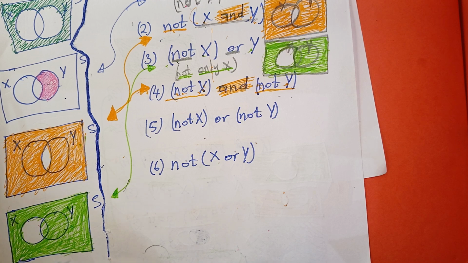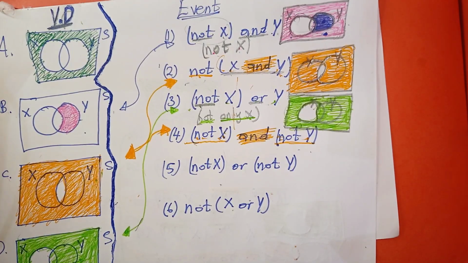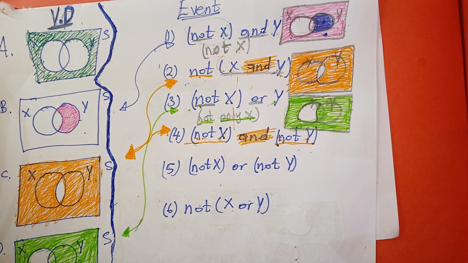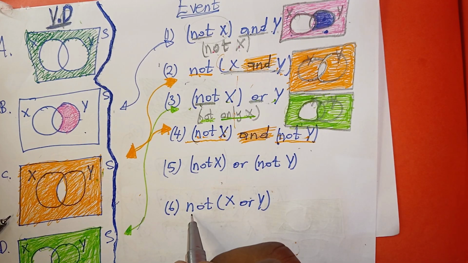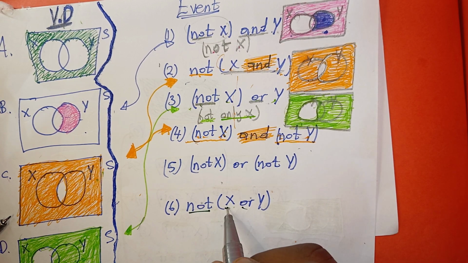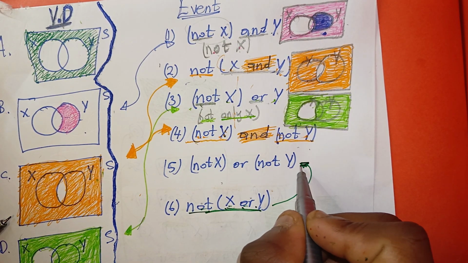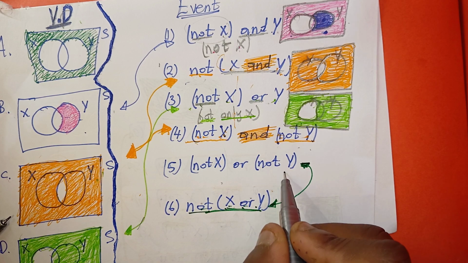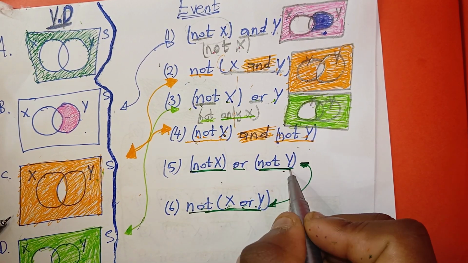And also now for the last one, I want to show you something which is amazing. So here's this color. If they say not x or y, they can also write it like this: not x or not y.